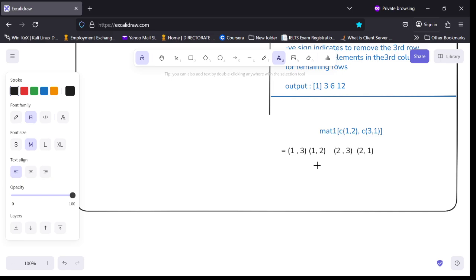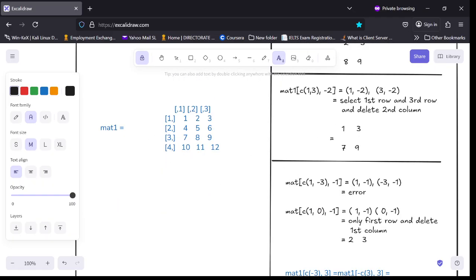Let's see how we get this from here. So 1, 3 and 1, 2, that means 3 and 2. Am I getting anything from here?